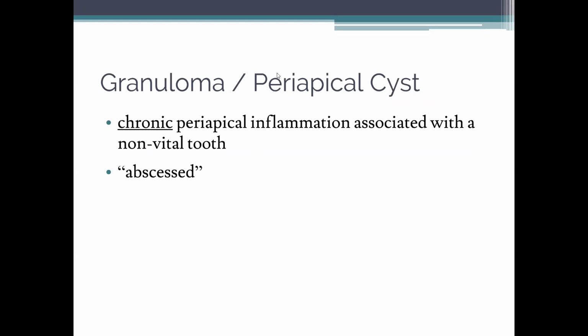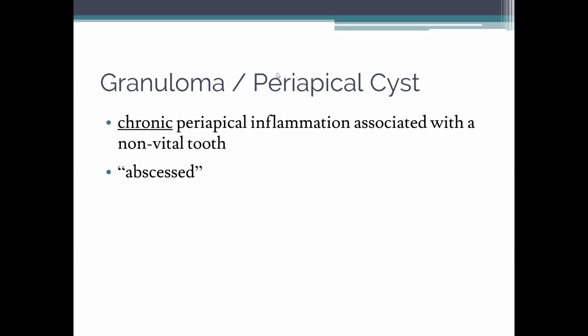When you see these on an x-ray, you're going to tell the patient you have an abscessed tooth. And they'll say, well, if it's an abscess, why doesn't it hurt? You can tell them you're lucky. The problem is a chronic can flare up and create an acute scenario.